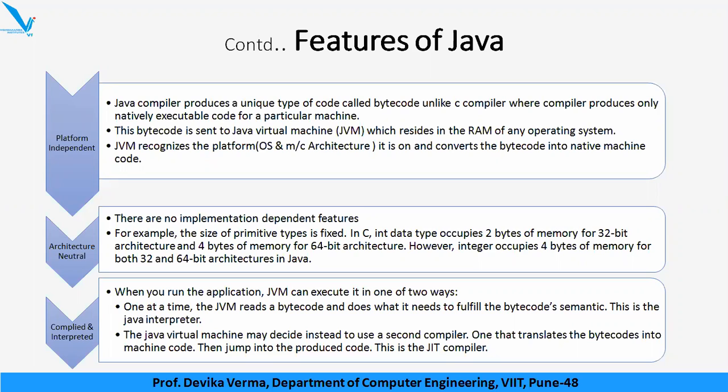The first instruction is converted into machine code and then executed. The second instruction is converted into machine specific code and then executed. The third instruction from the bytecode is converted into machine specific code and executed. This is what the interpreter does. It picks up an instruction, converts it, and then executes it. So this is the job of an interpreter.